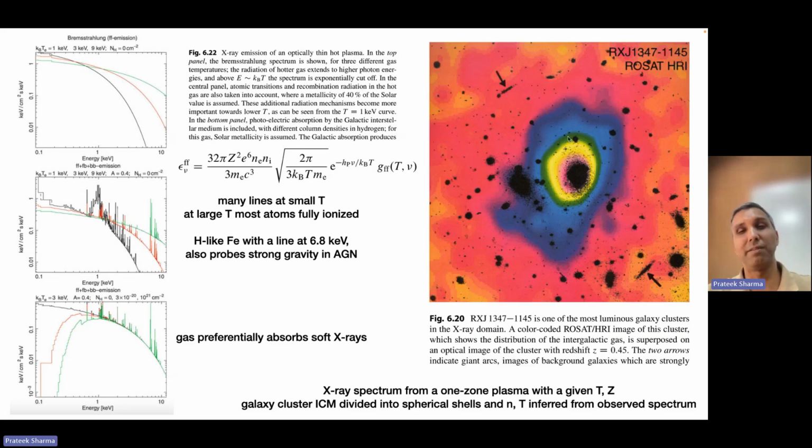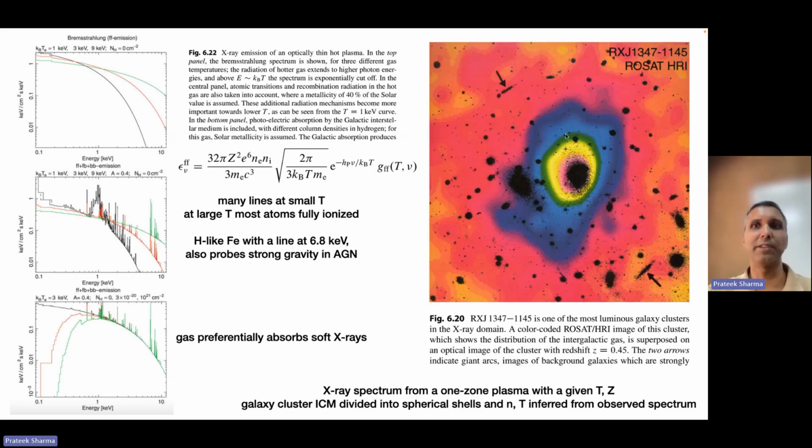The color here is X-ray, the brightest and dimmer. This is surface brightness again. This is a ROSAT image. Black color are galaxies in that region. So you can see there is no correlation between the X-ray emission and the optical appearance of the galaxy cluster. It's not as if with every galaxy you have a little excess of X-ray emission.